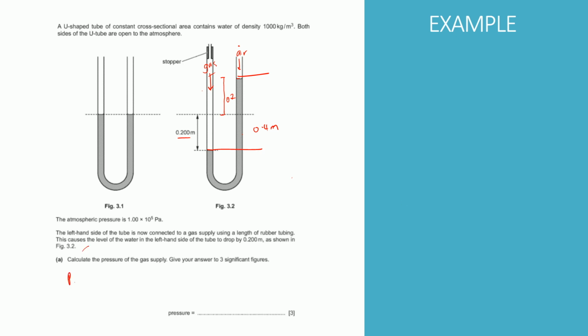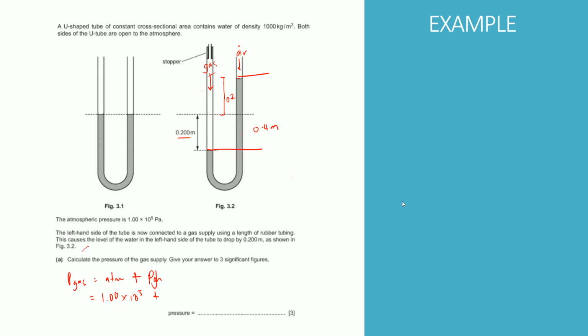And so what we're going to do is put that into the formula. So pressure of gas equals atmosphere plus rho gh. Atmosphere is 1.00 times 10 to the power 5.